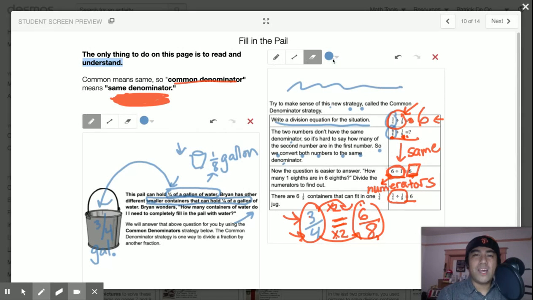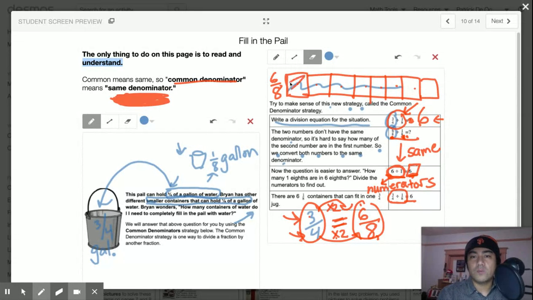And in fact, if you want to visualize it real quick, let me see if I can do a really quick picture of it here. All right, this is 1/8, 2/8, 3/8, 4/8, 5/8, 6/8, 7/8, 8/8. Okay, so here's my drawing of 6/8. 1/8, 2/8, 3/8, 4/8, 5/8, 6/8.